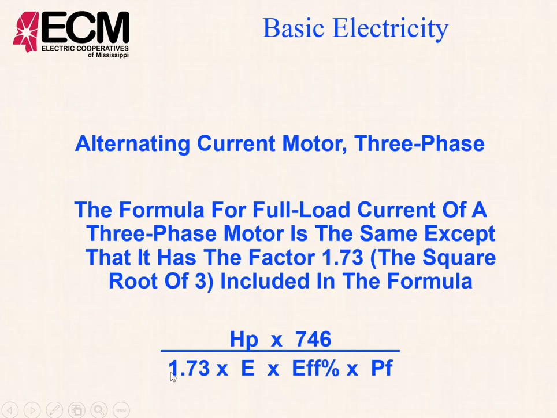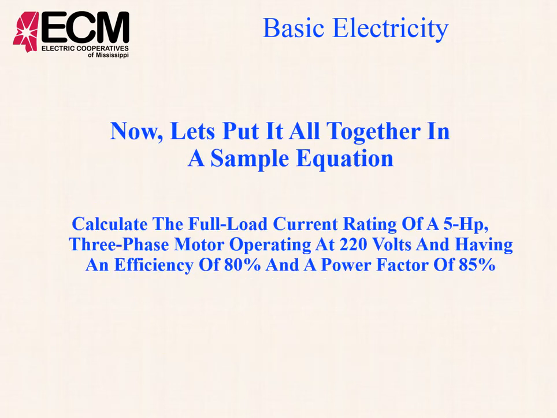If it's three-phase, we have to account for all three voltages. So we would take 1.73, multiply that times our voltage, our efficiency of the motor, and the power factor. That's the only thing you do to find out the current of a three-phase motor. Only thing different that you do.